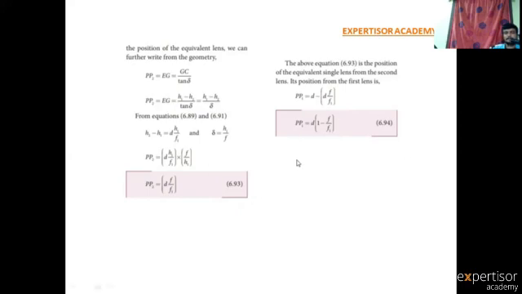So this is the position from the first lens or the second lens. These two equations represent the positions of the equivalent lens from the first and second lenses.